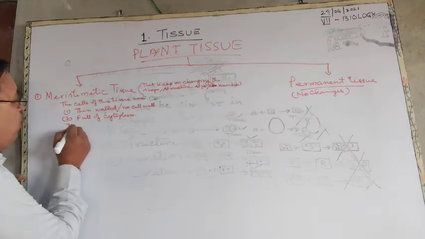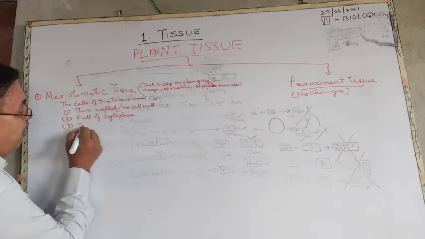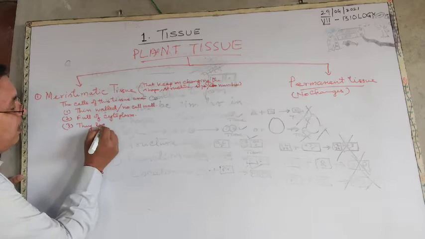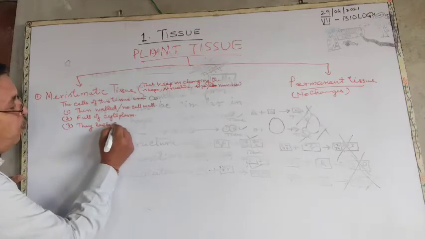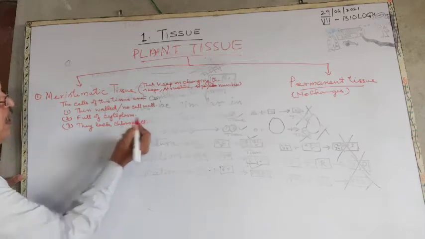The third feature of the cells of a meristematic tissue is that they lack chlorophyll.